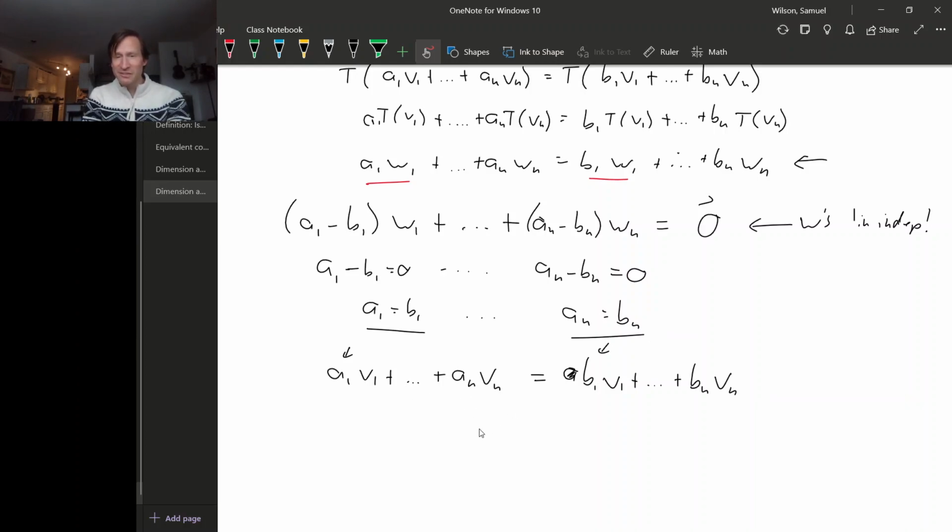But this one on the left, that's x1, and this one on the right, that's x2. So remember, we assumed that T of x1 is equal to T of x2, and now we've shown that that implies that x1 is equal to x2, and that means that T is 1 to 1.